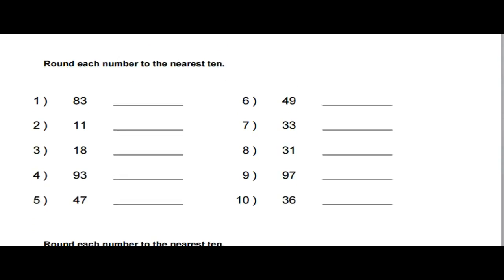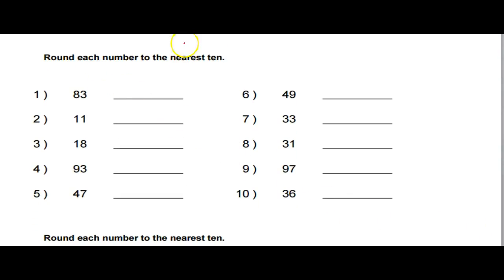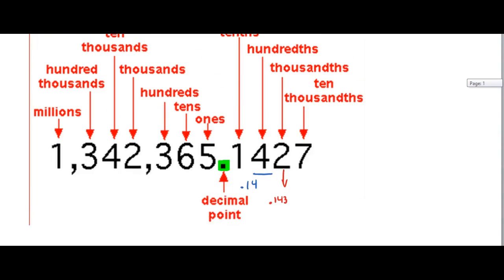So, let's look at the following exercise. Here it says, round each number to the nearest tens place. Well, what you have to understand is the tens place is the digit just left of the ones place. If you remember from the place value, it goes ones and then tens.